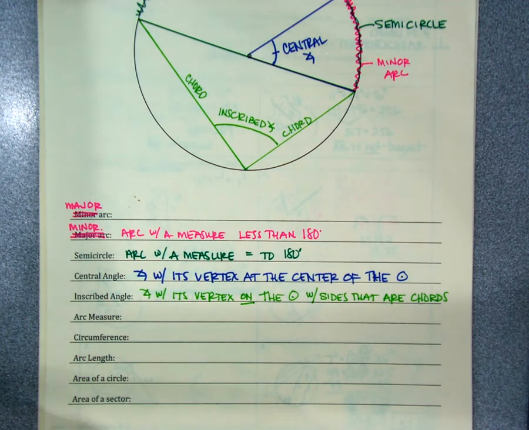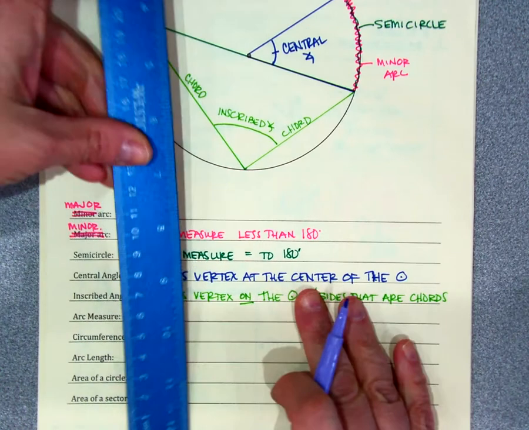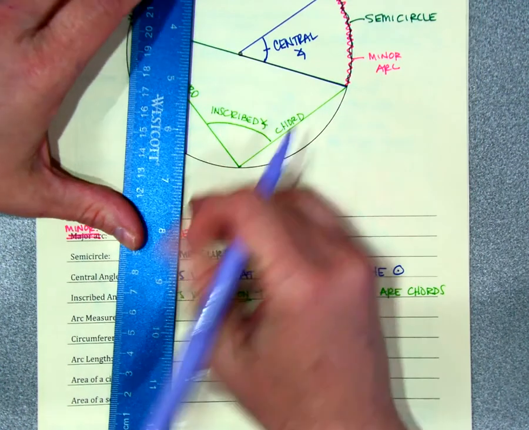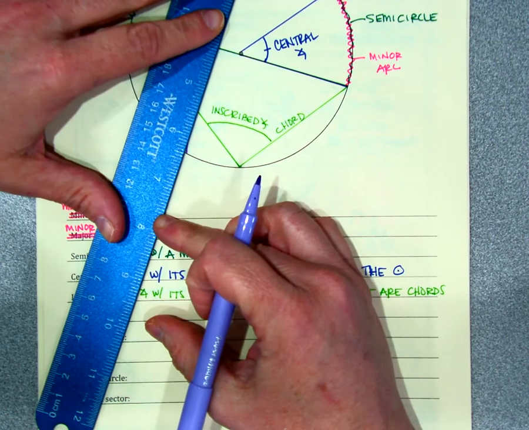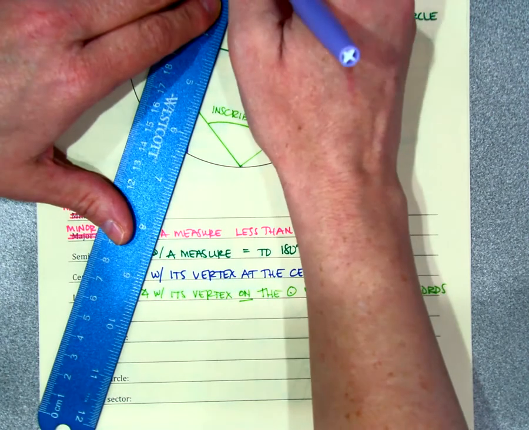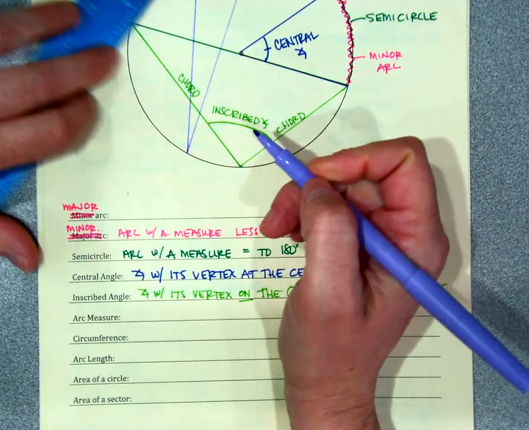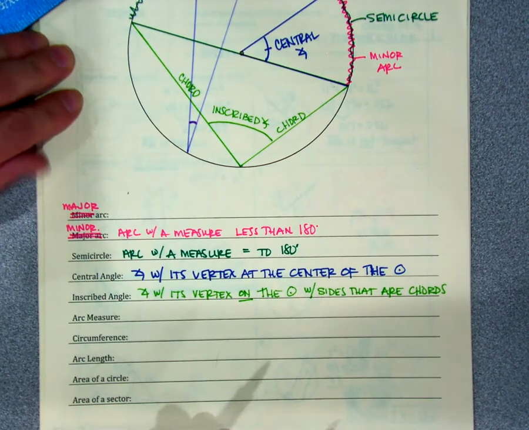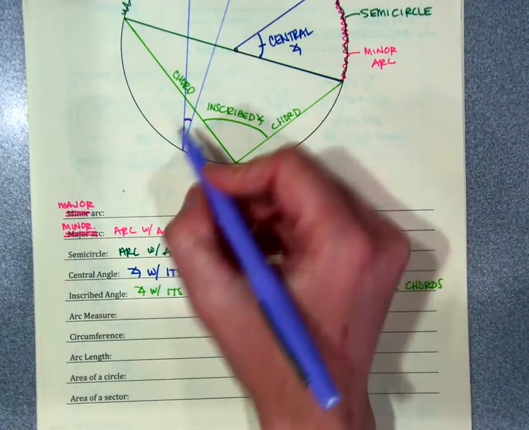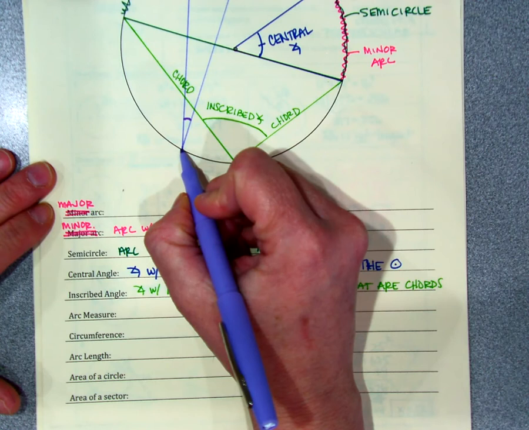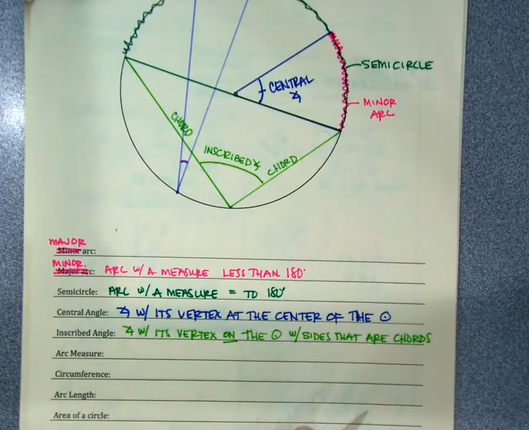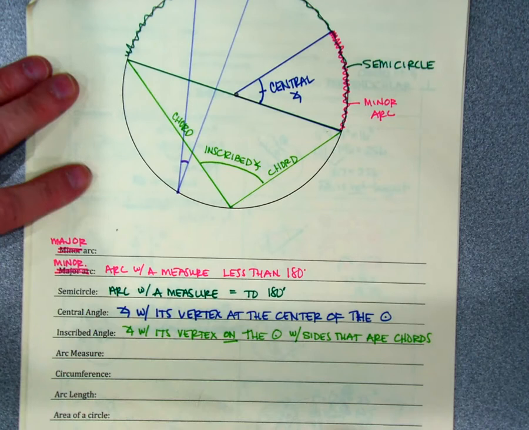So just to give you some perspective, I could have this chord and this chord, and then this little sliver here would be called the inscribed angle. As long as the vertex is on the circle and the sides are chords.